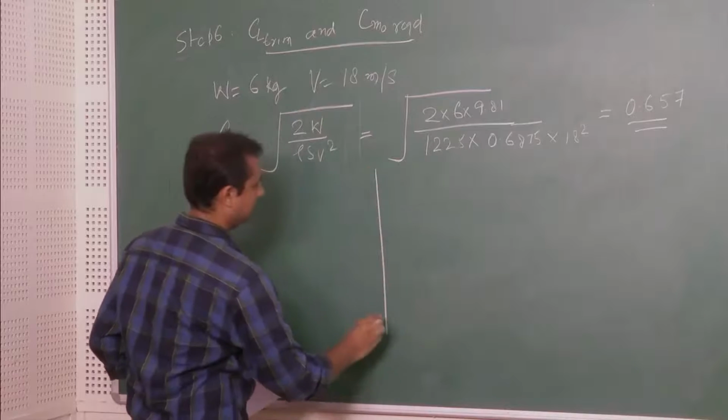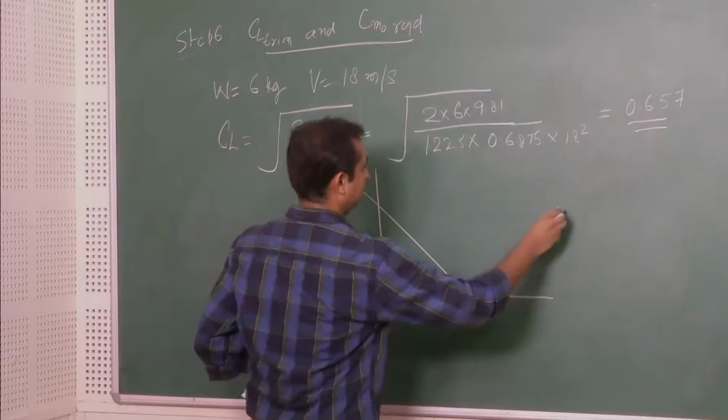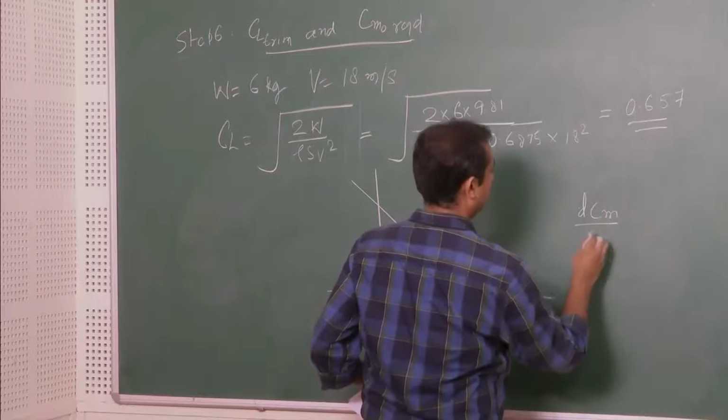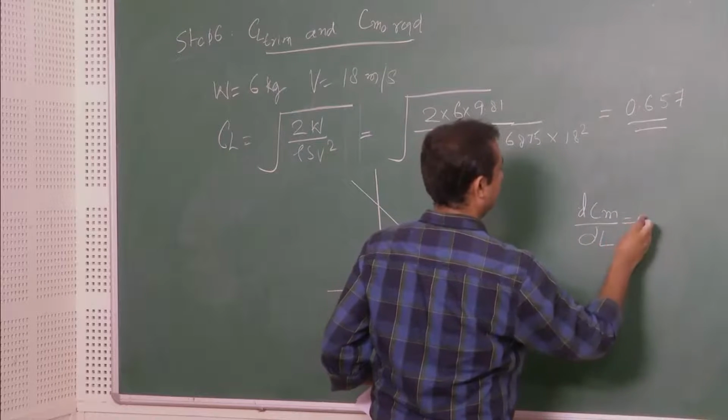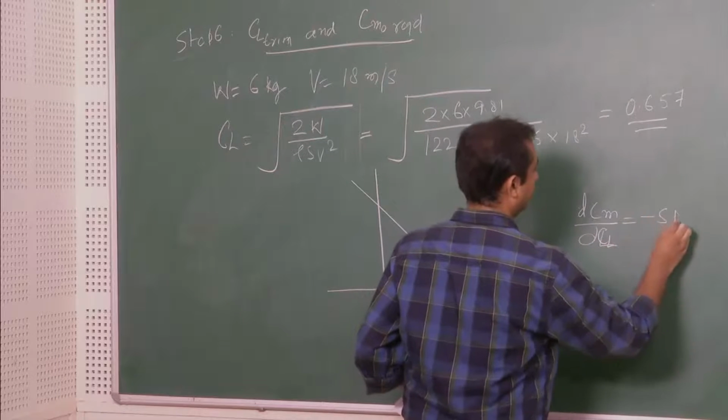Static margin is given by dCm/dCl, or the slope of dCm/dCl equals minus of static margin.